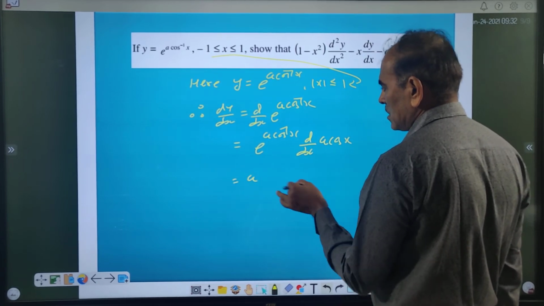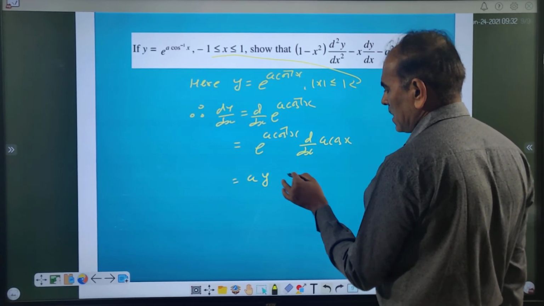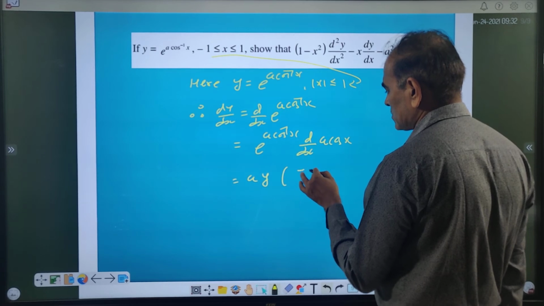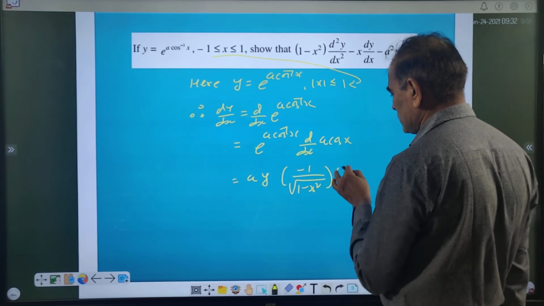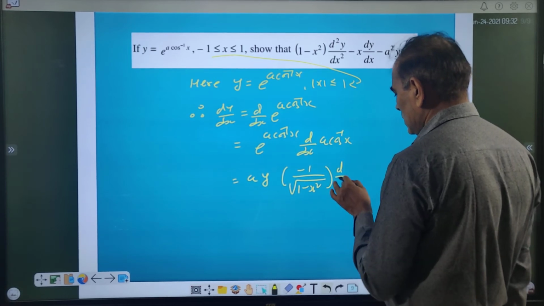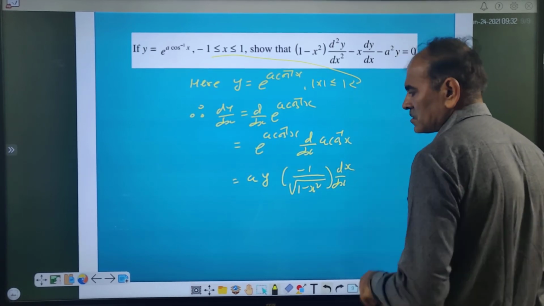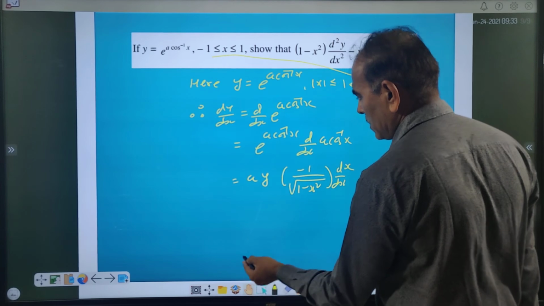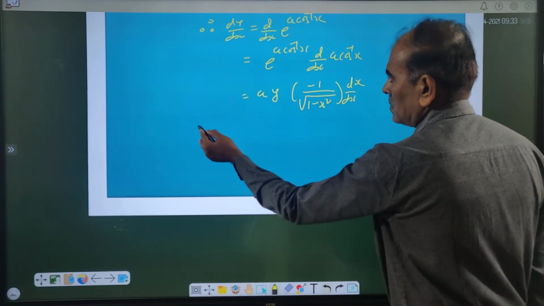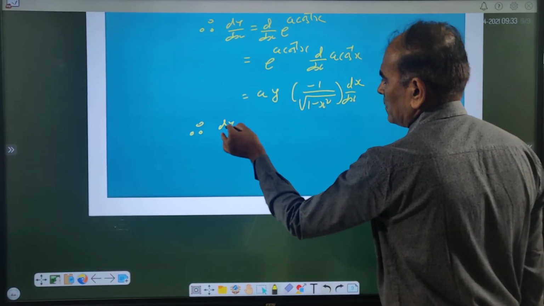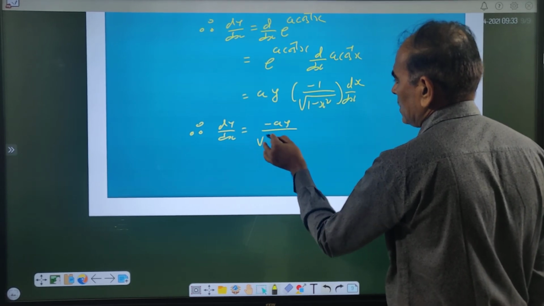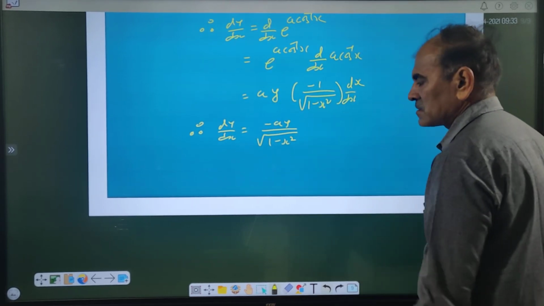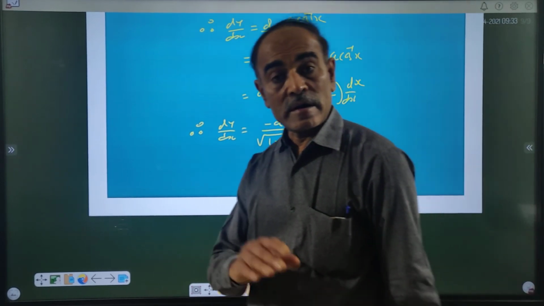A is constant and stays outside, this one is nothing but our y. d by dx of cos inverse of some function is minus 1 upon under root 1 minus function square, d by dx of that function. So what we proved? Therefore dy by dx is equal to minus ay upon under root 1 minus x square. We've already seen that.